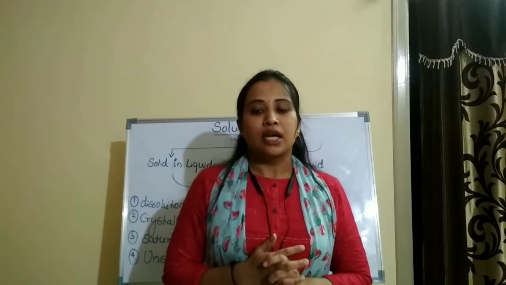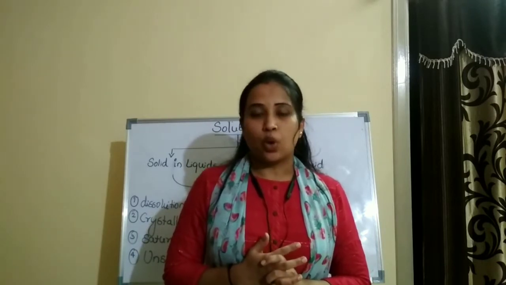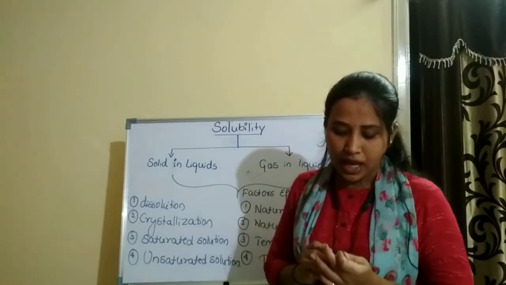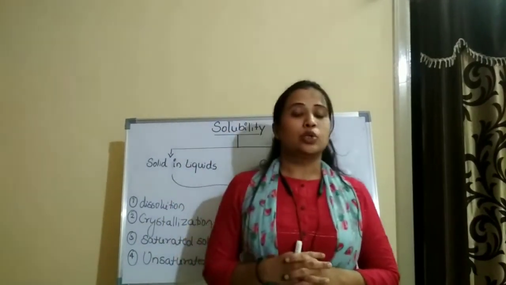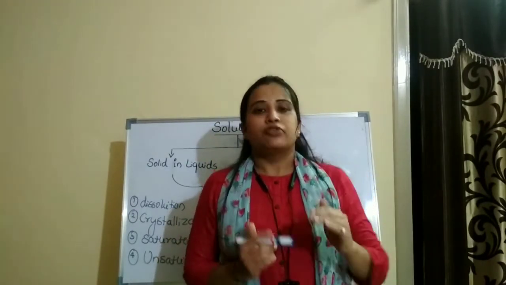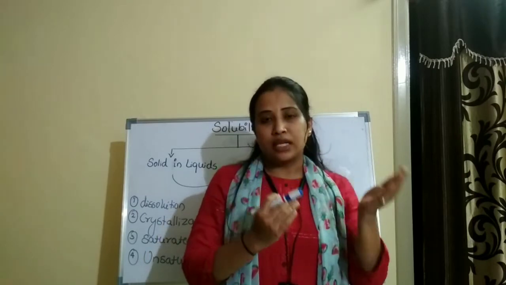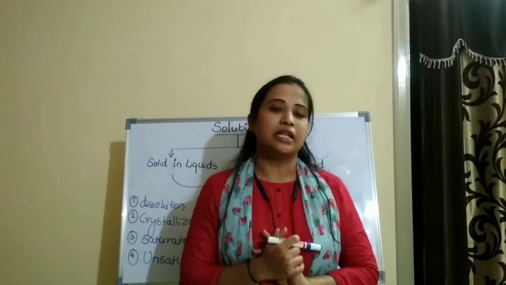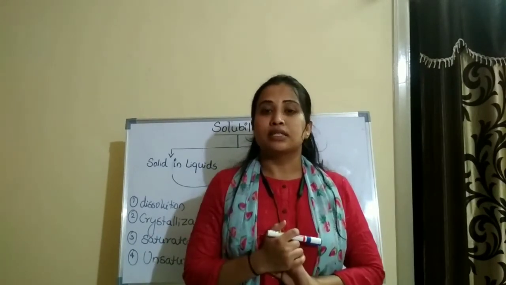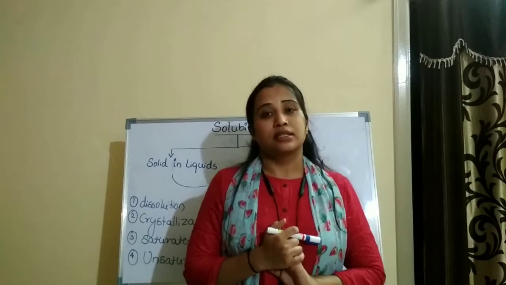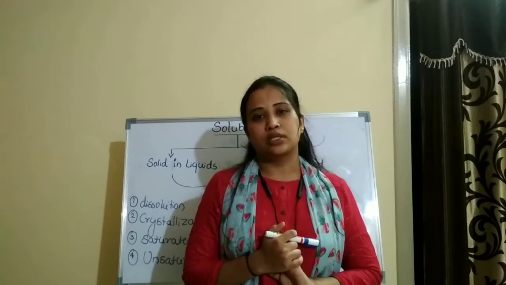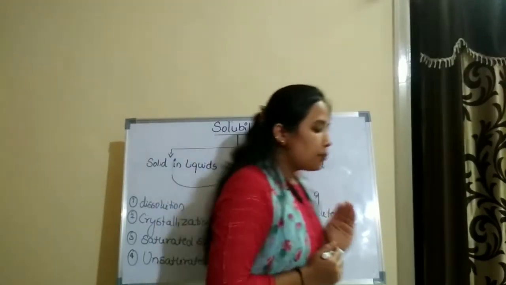So here the nature of a solute and the solvent plays a very important role in the solubility. It goes with the basic rule called like dissolves like. It means if the interaction between the solute and the solvent particles is similar, that makes the solubility easier.